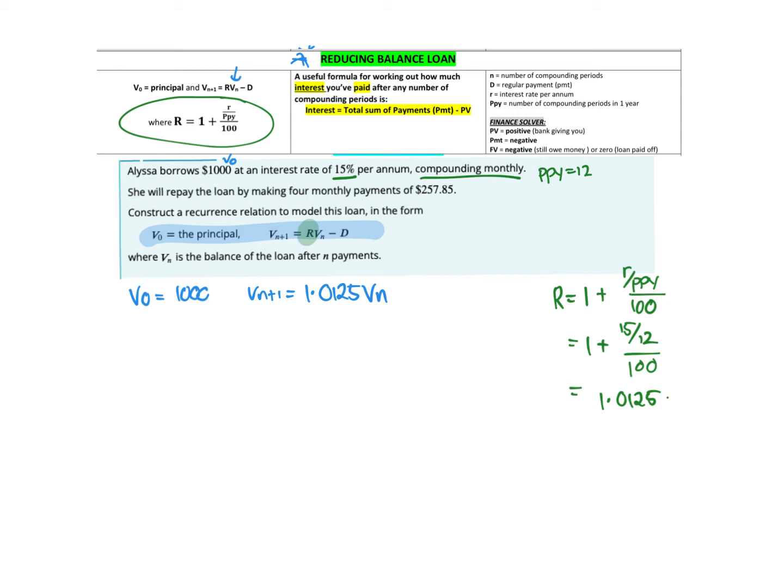So you've got to minus the payment. Now, they told me the payment here, so this is that D value. So you just say minus 257.85, because they told you what the loan payments are. All right, so that's simply setting that up as a recurrence relation. So they will pay $257.85 every month until it's paid off.